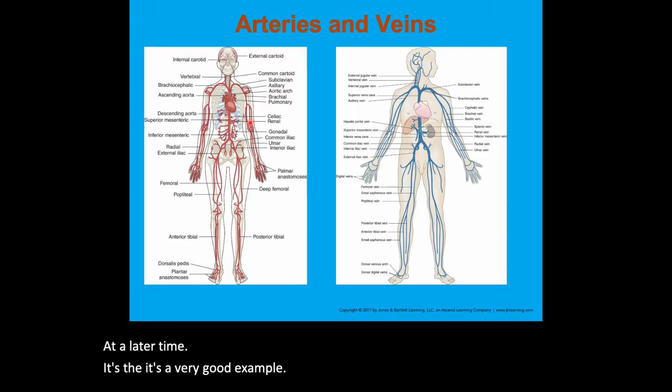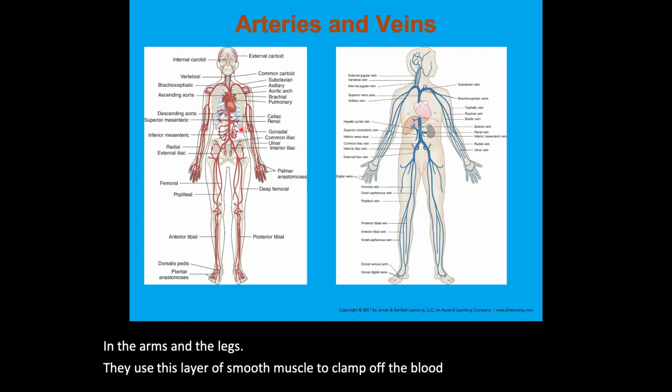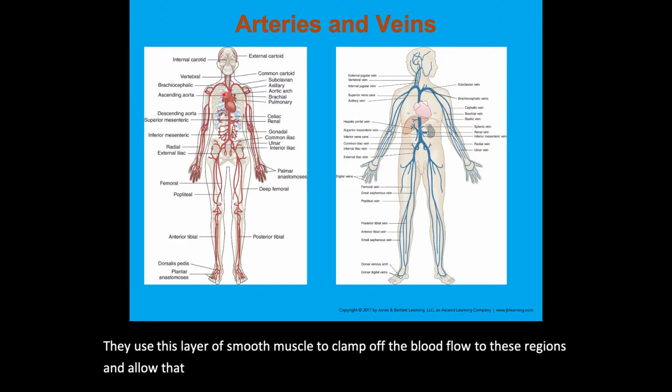because what our arteries do, especially in the arms and the legs, they use this layer of smooth muscle to clamp off the blood flow to these regions and allow that blood flow to go towards the heart, lungs, and brain, maximizing blood flow to those regions.